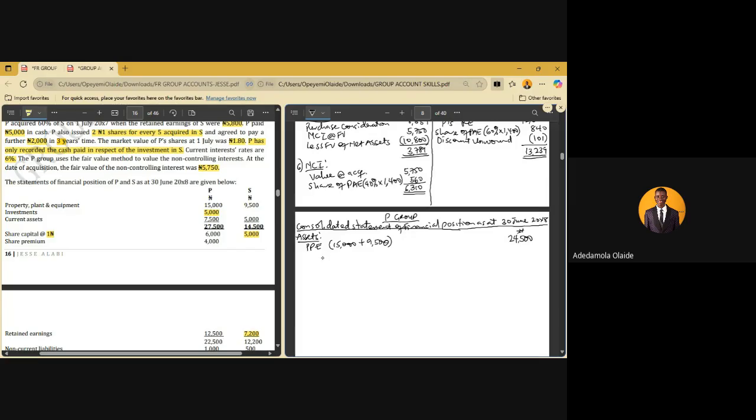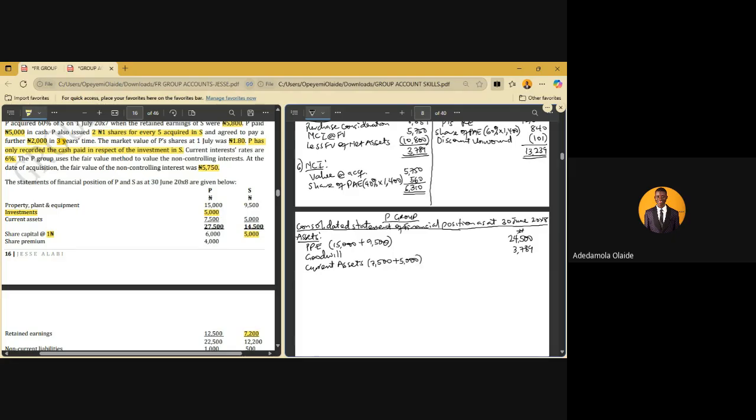Then we have the investment. Don't forget, it is investment in subsidiary, and since we are consolidating, we'll be taking that out. So what do we have next? Goodwill, which we calculated to be 3,789. And after that, we have current assets, which is 7,500 plus 5,000.